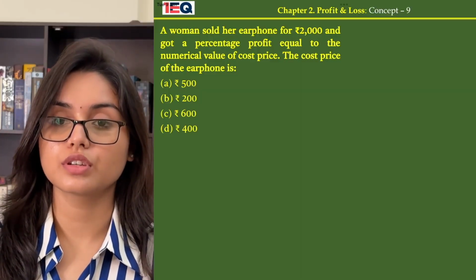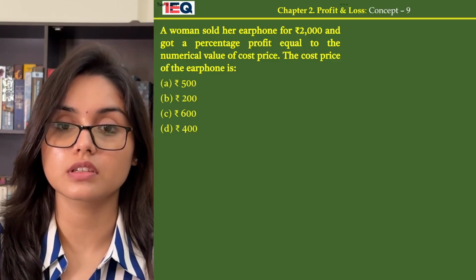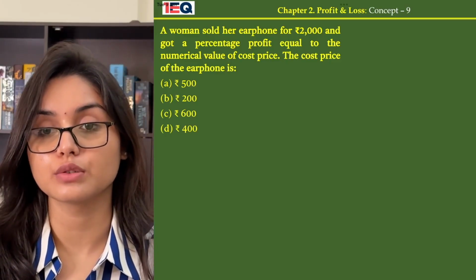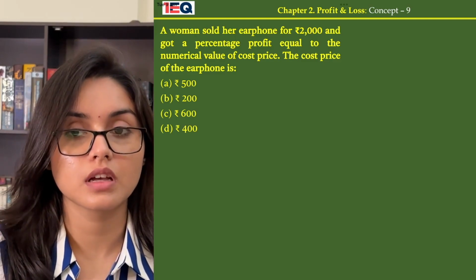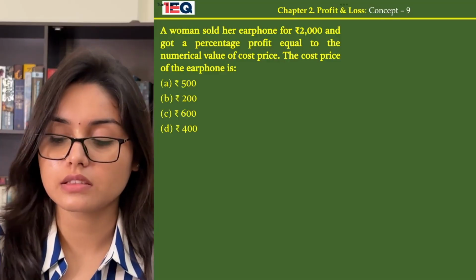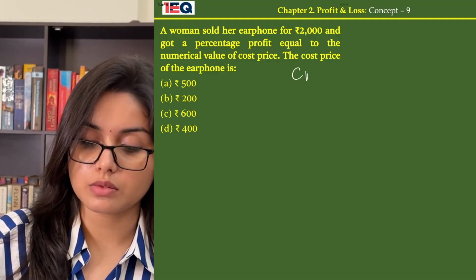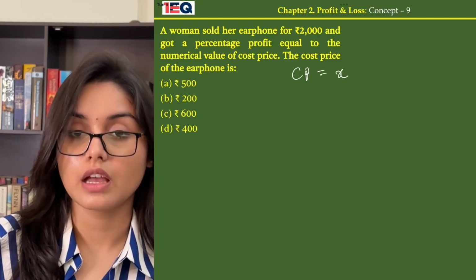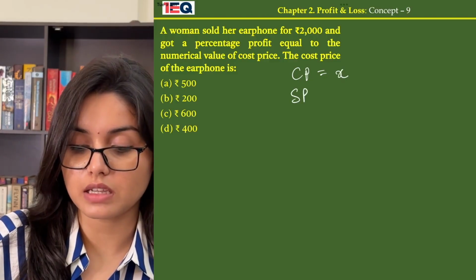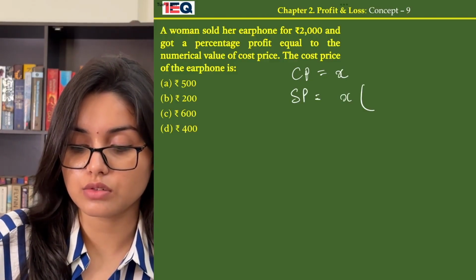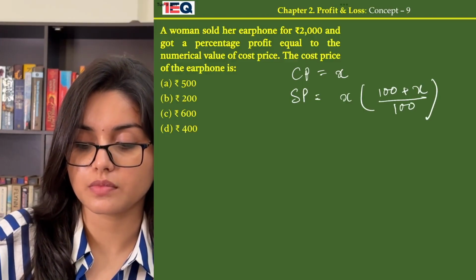A woman sold her earphone for rupees 2,000 and got a percentage profit equal to the numerical value of the cost price. The cost price of the earphone is? Let the cost price be X. If there was a profit of X percent, then the selling price must be X into (100 plus X) by 100.